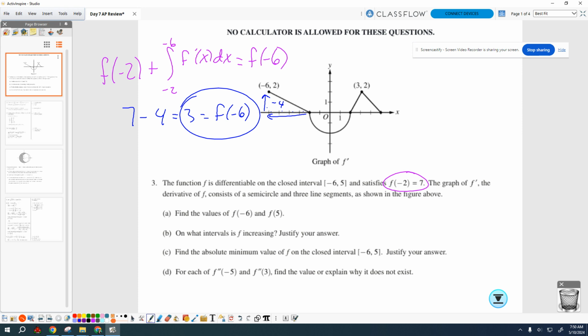I like to move forward, so the way I write this, starting at -6, moving forward. That gives me f of -2, and then I do the algebra and move things over. And I end up subtracting this.